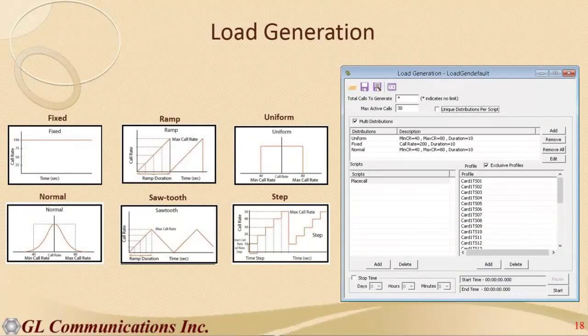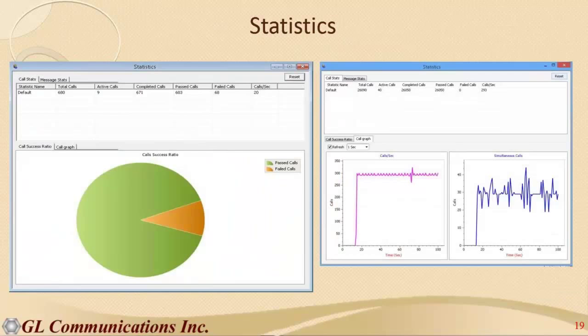I was explaining here that the load can be generated with different patterns, in terms of maximum simultaneous calls, or the number of calls per second you can achieve through this. Here are a few statistics windows provided with maps where you can see the overall statistics.